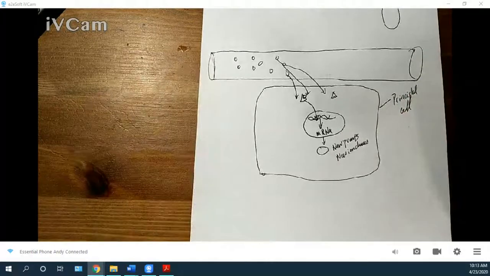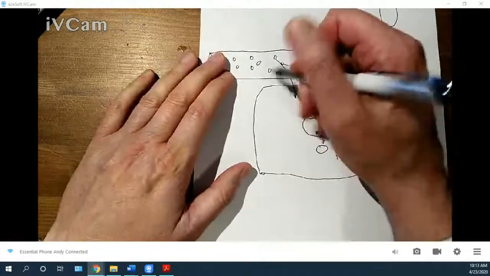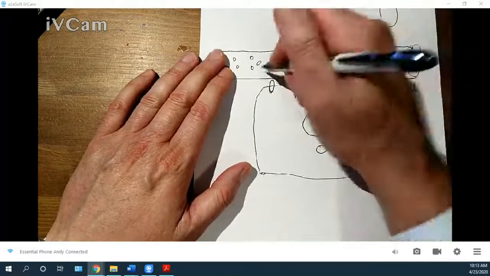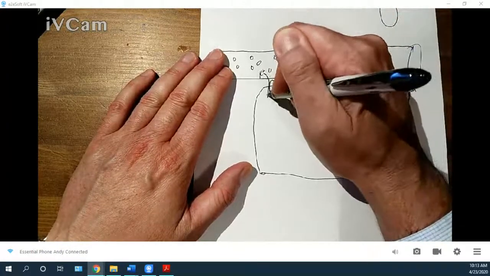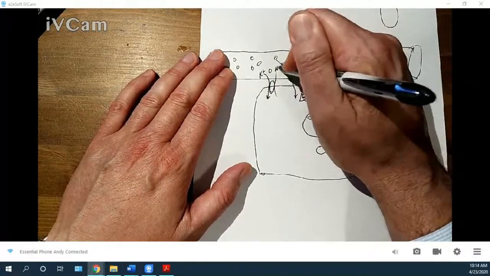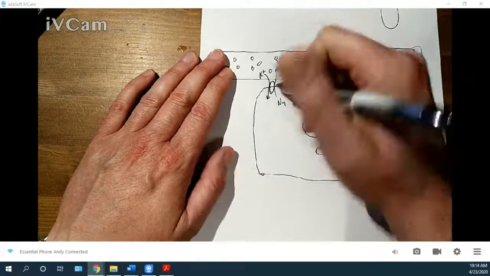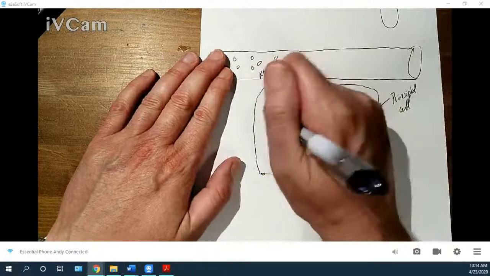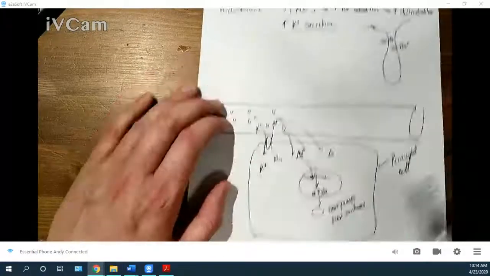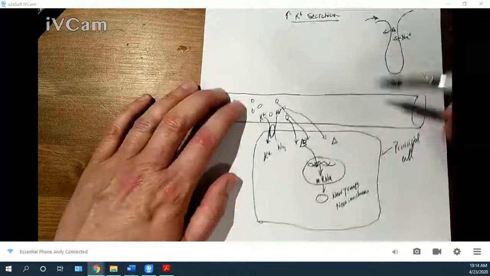And what we end up doing then is, right now, remember we had our sodium-potassium pump. We had potassium coming in, sodium out. So now we need to secrete potassium. Remember, one of the main things that aldosterone does is potassium secretion.